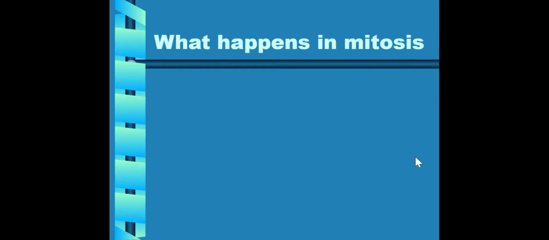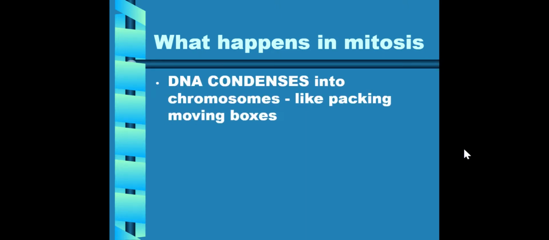So here's what happens during mitosis. The first thing, DNA condenses into chromosomes. So it's like packing those moving boxes. The DNA is already copied, remember, back in synthesis. And now it just gets packed up because the cell's about to divide. So to stop the DNA from getting damaged or lost, it gets packed tightly into these chromosomes for moving day.